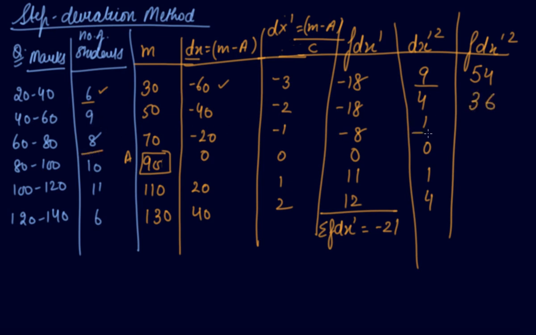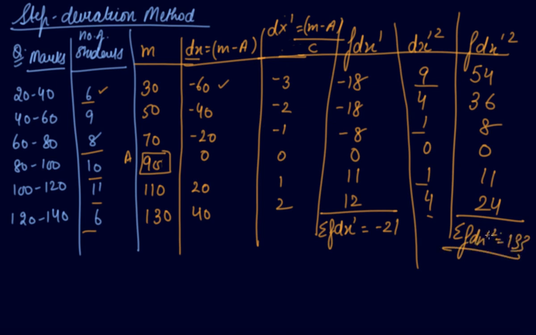Then 8 into 1 is 8. Then 10 into 0 is 0. 11 into 1 is 11. 6 into 4 is 24. So we get the summation f dx dash square as 133. And if you add the frequency, you will have 50 as the summation f.